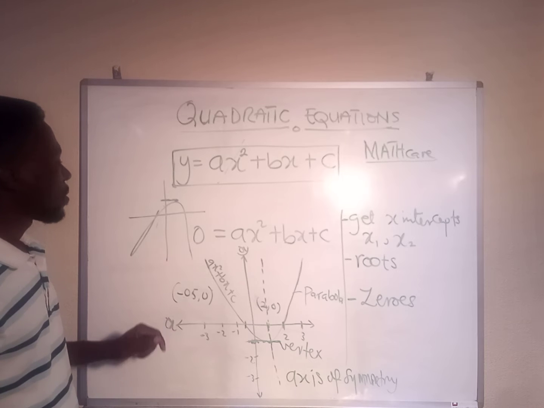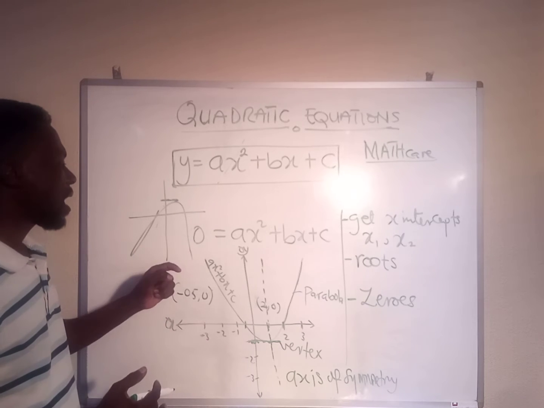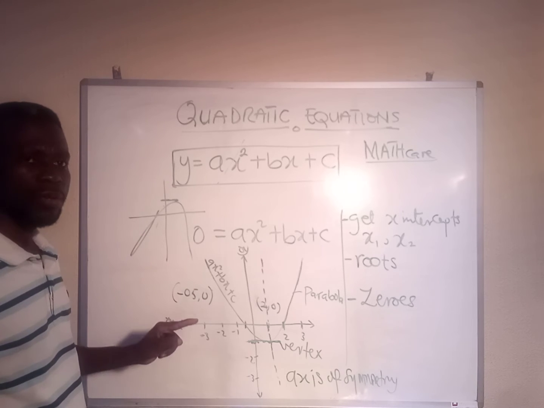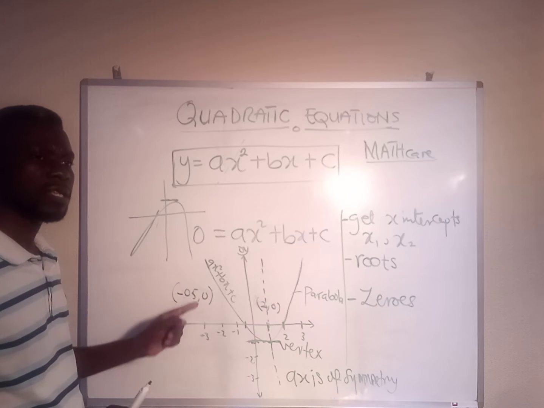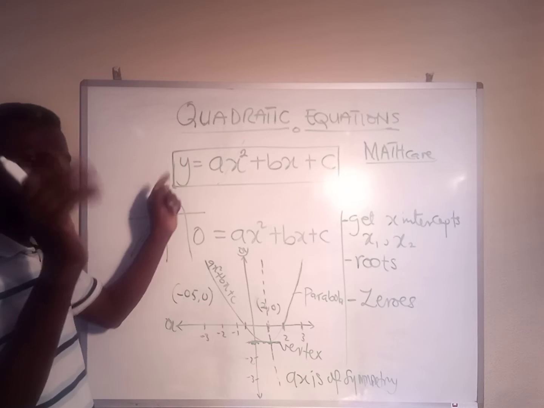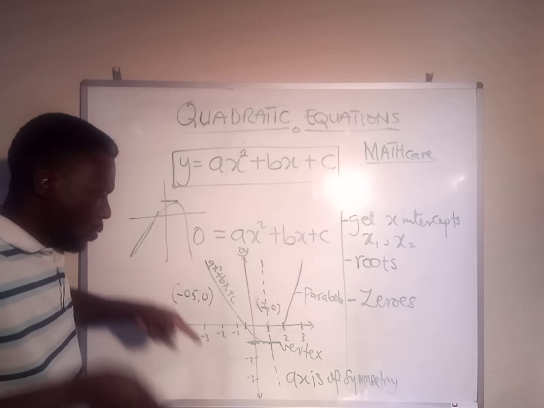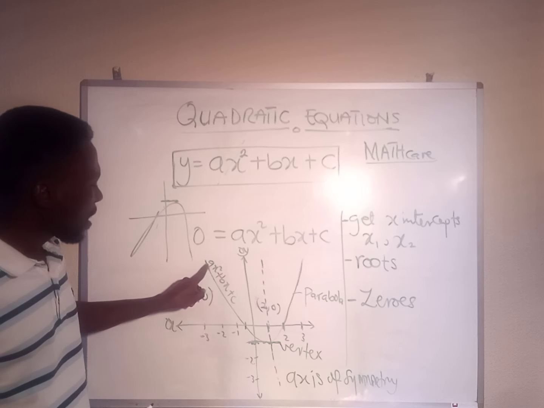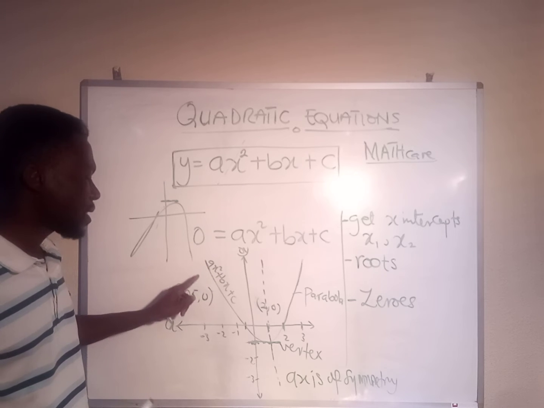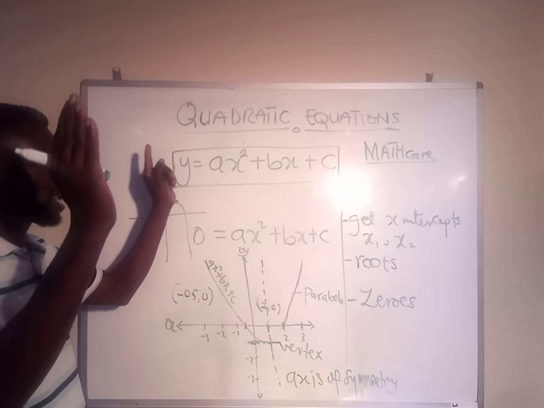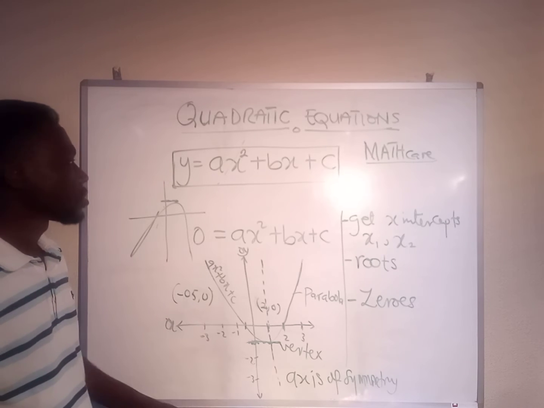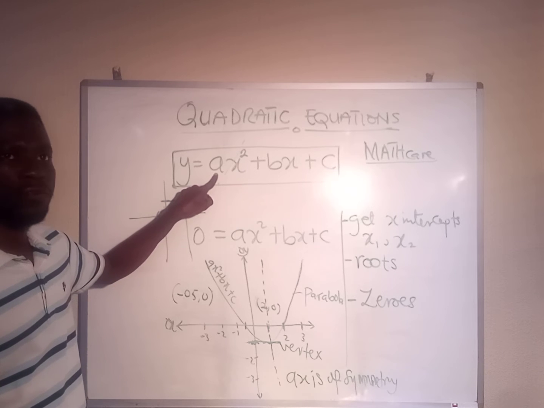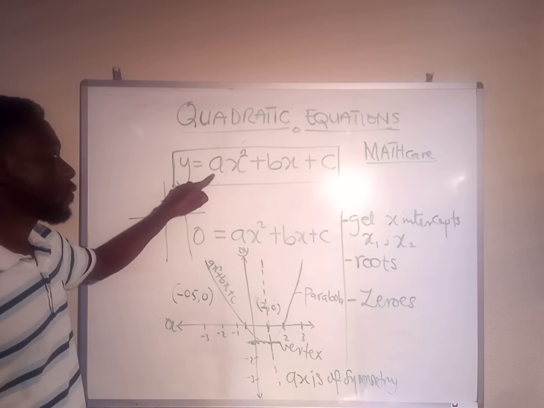Now, at what point are you going to have a minimum value or a maximum value, or a curve that opens upwards or downwards? Whether the curve will open upwards or downwards depends on the value that you have for a.